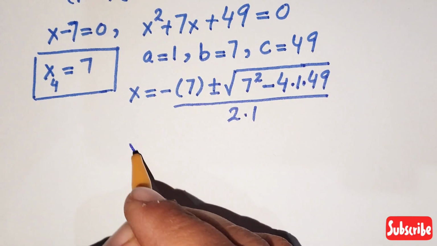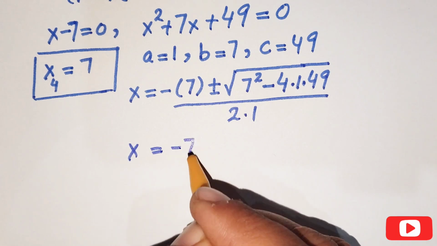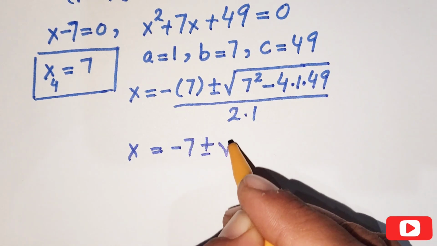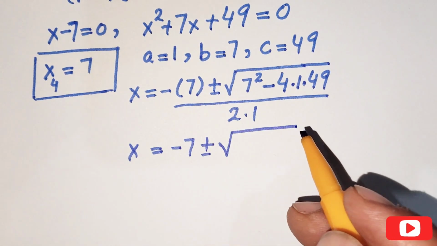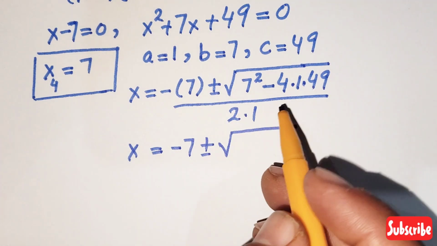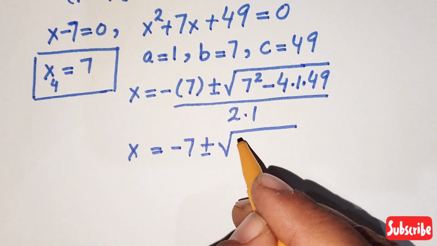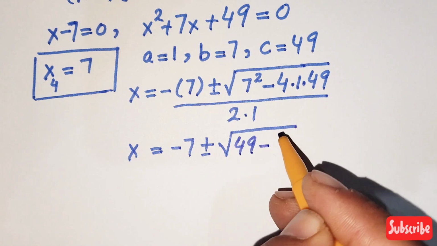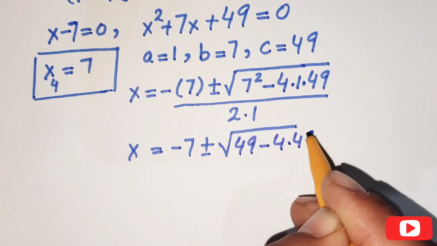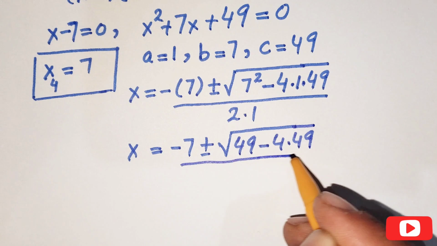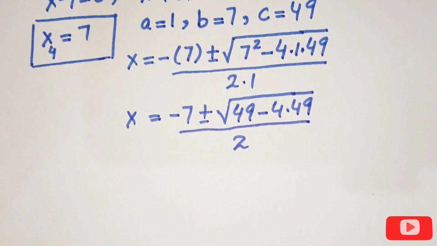Now x is equal to minus 7 plus minus, and again we have the same value as before: 7 square is 49, minus 4 times 1 times 49, all over 2 times 1.